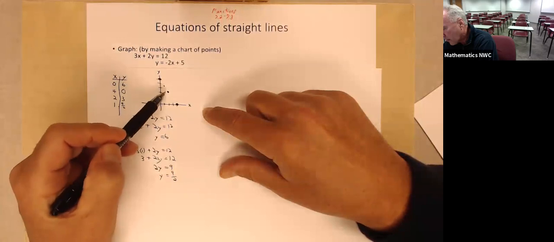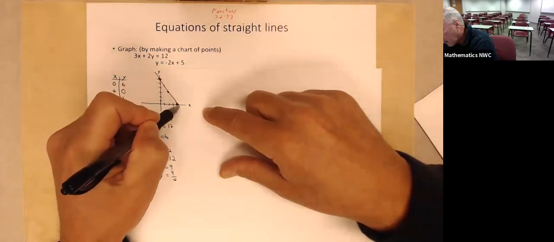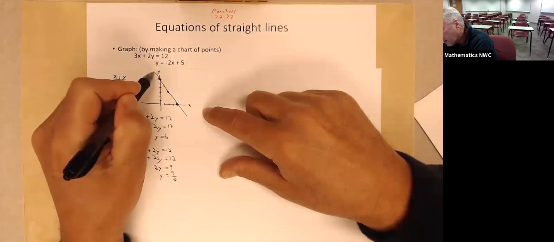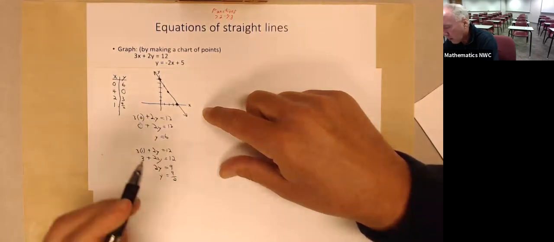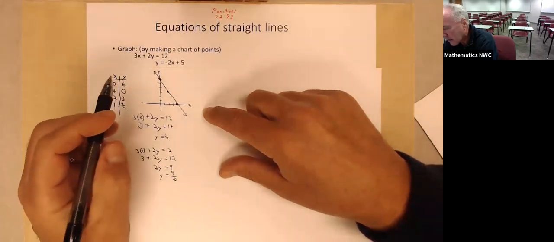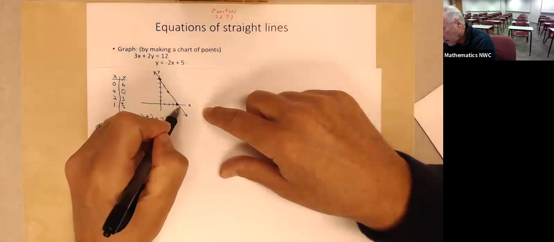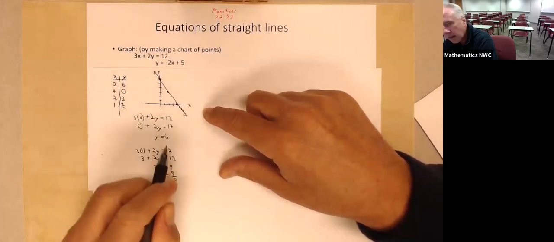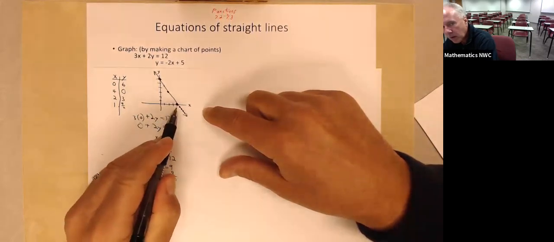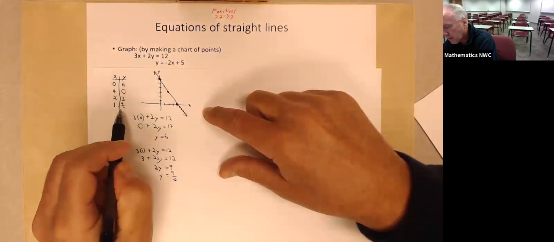Notice all these points lie in a line. So I can graph that equation. It makes a line. One of the more important concepts to remember in this setting is that this line is made up of an infinite amount of points. Every one of those points would have coordinates similar to these in the chart.